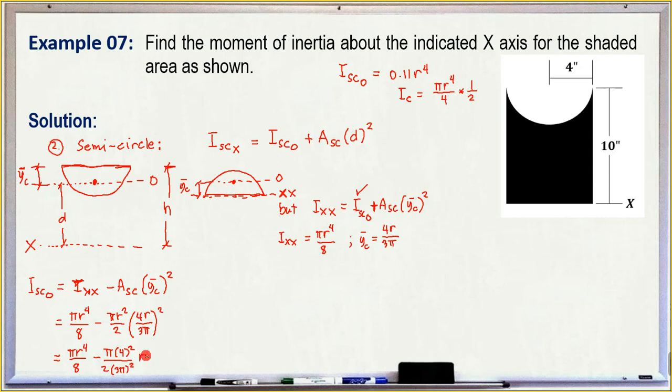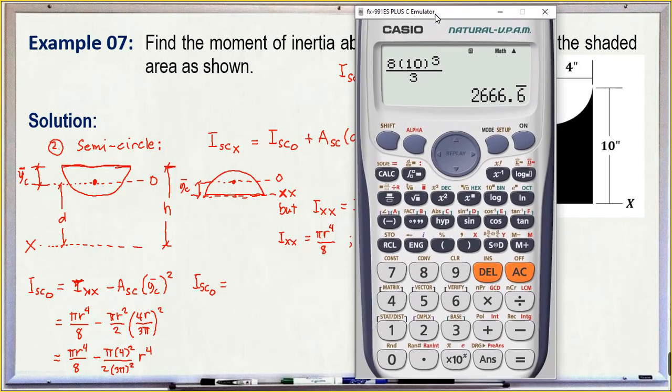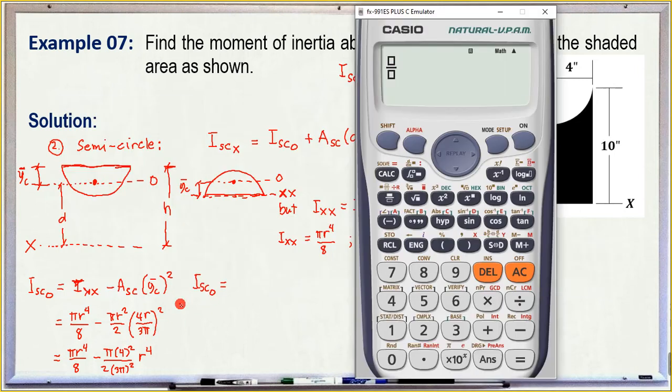Then I'll combine the r squared and the r squared here, so it becomes r to the 4th. So combining the constants, we have Isco is equal to, we will use a calculator to get 0.11. So in our calculator, press AC.